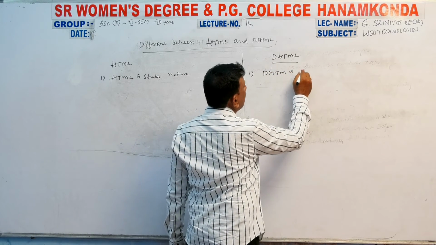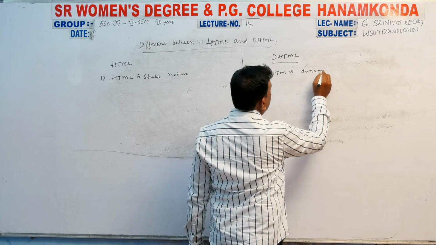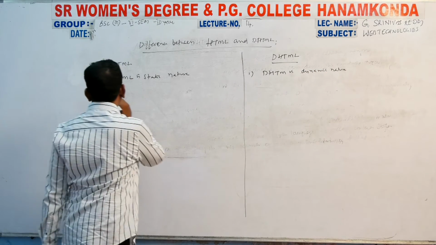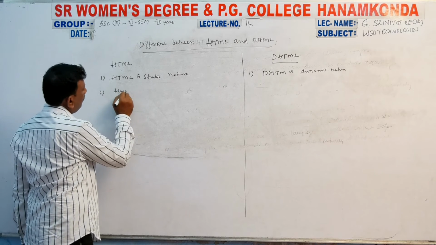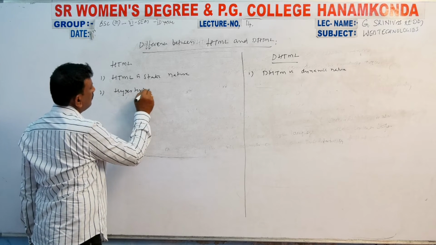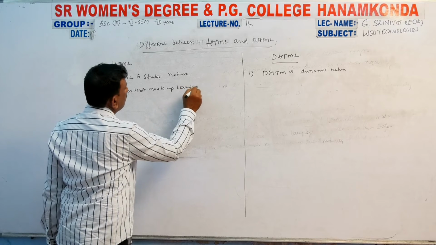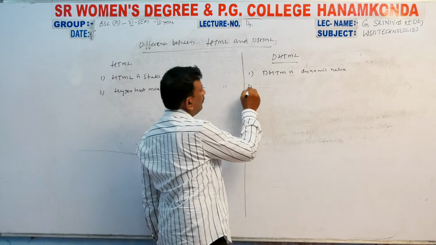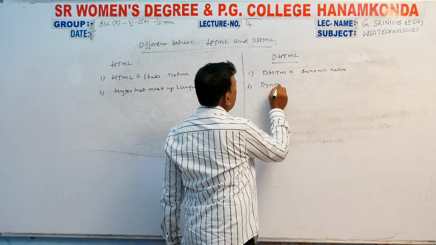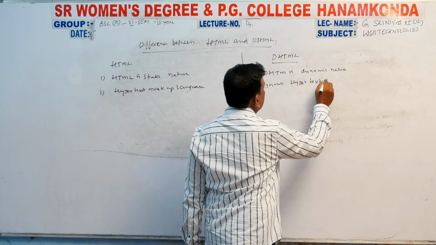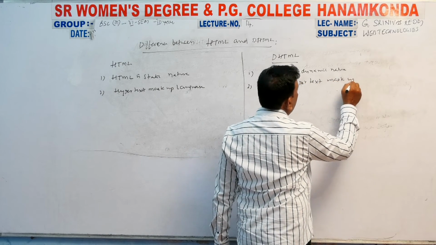DHTML is dynamic in nature. HTML is hypertext markup language, DHTML is dynamic hypertext markup language.